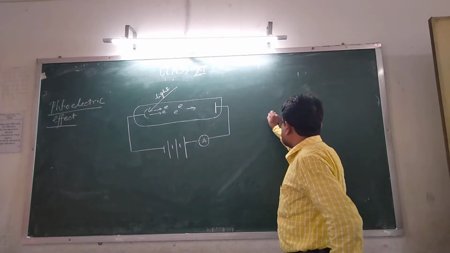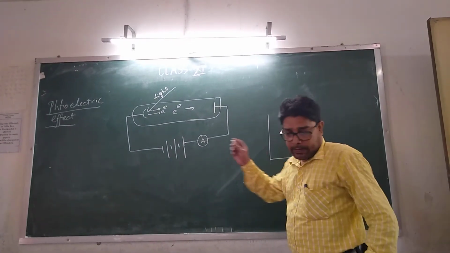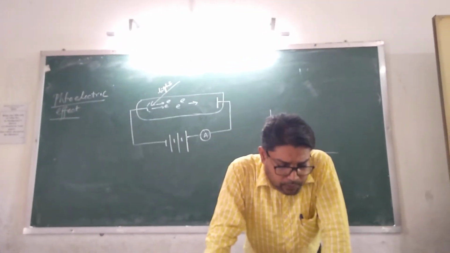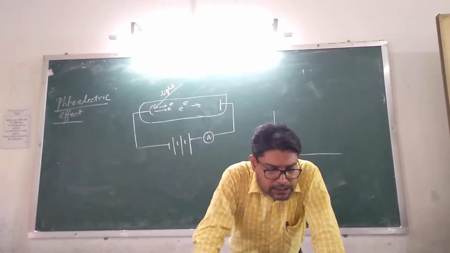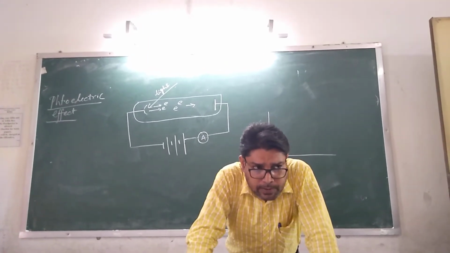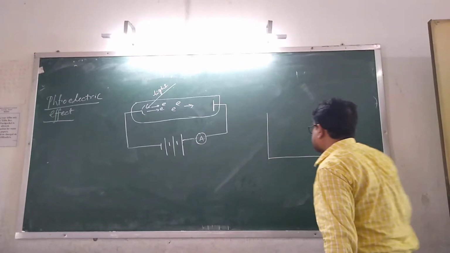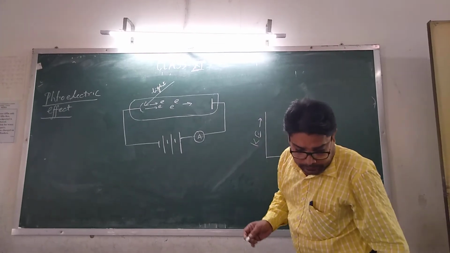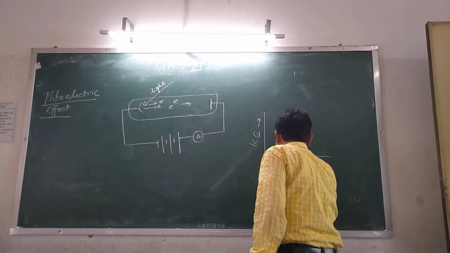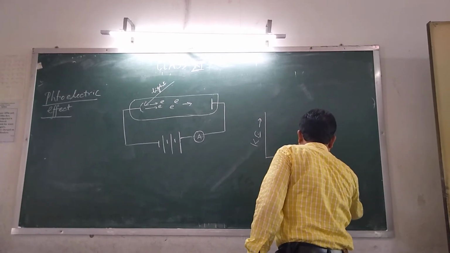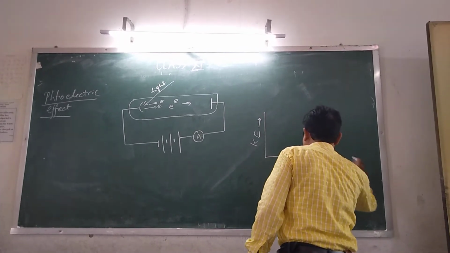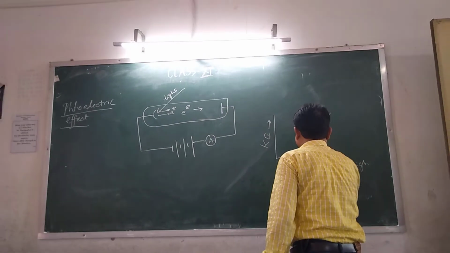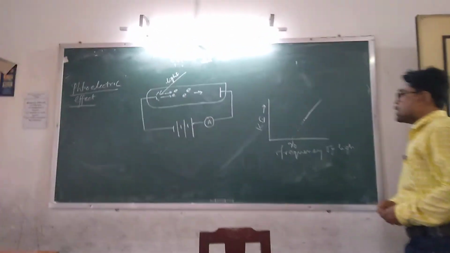I am just drawing some graphs. Next is, for each metal, a certain minimum frequency of light is required to eject electrons. This is the threshold frequency.